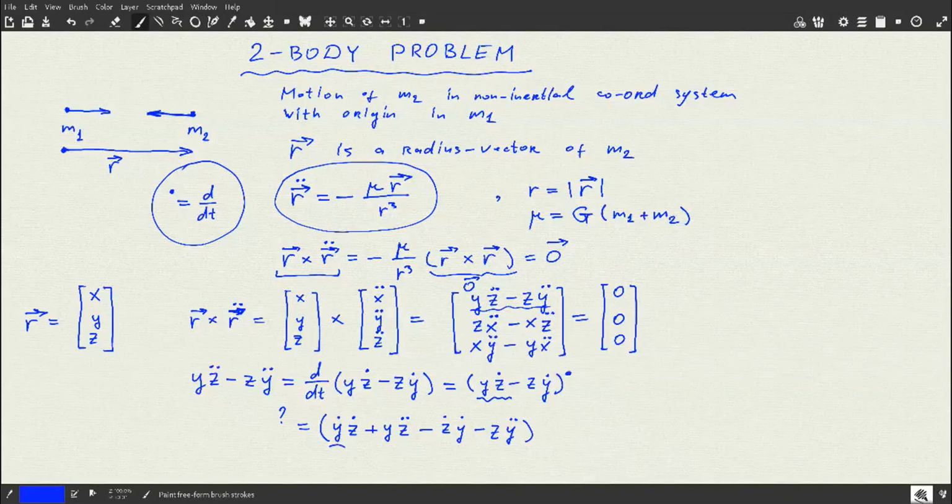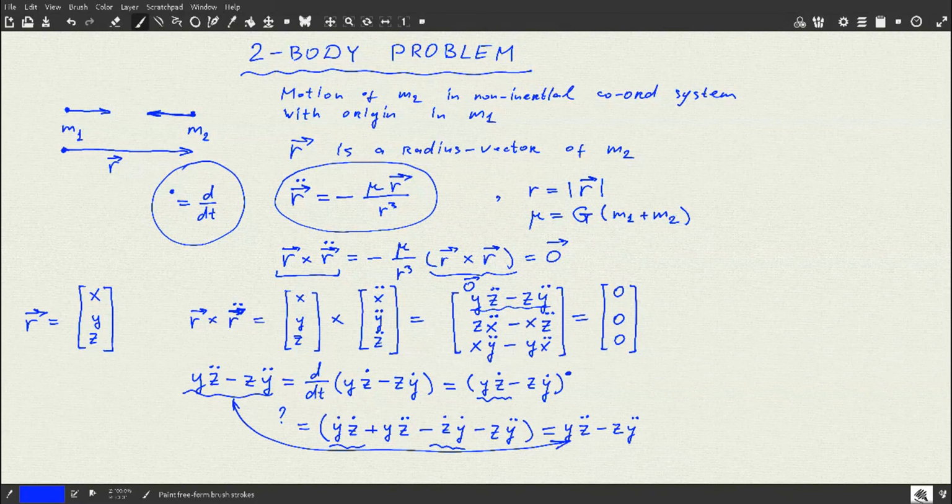Two terms cancel each other, and we really get y z double dot minus z y double dot, as was in the left-hand side.